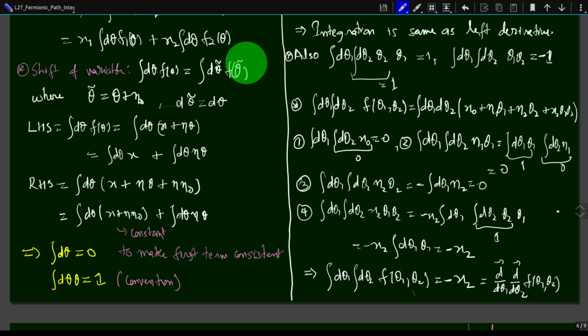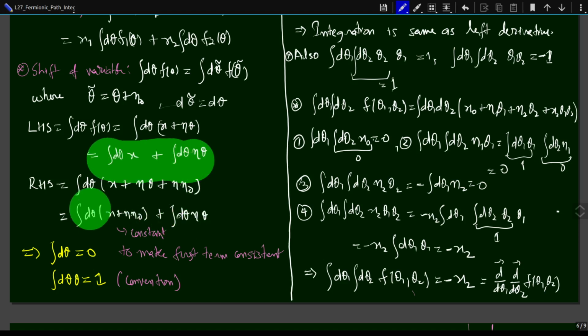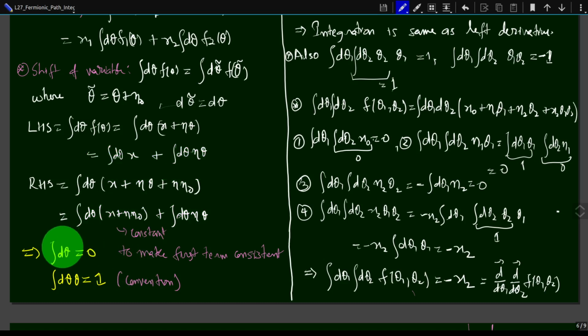I collect all the constants together, which is the integral of d theta of x plus eta eta 0, plus the integral over d theta eta theta. If I compare this with this, the constant will always go outside the integral. So this first term must be equal to this first term, and the only way it can be equal for a general eta naught is when the integral over d theta is 0.